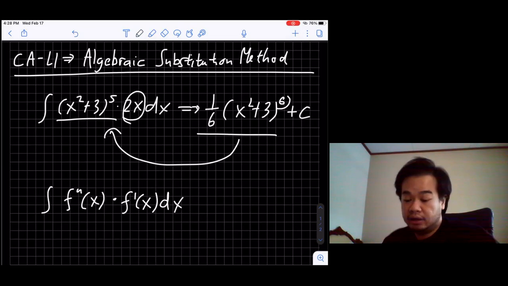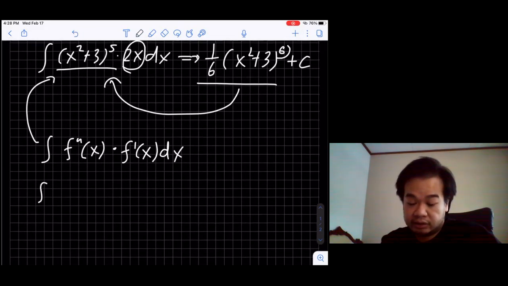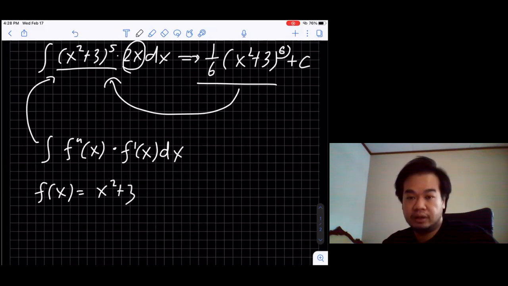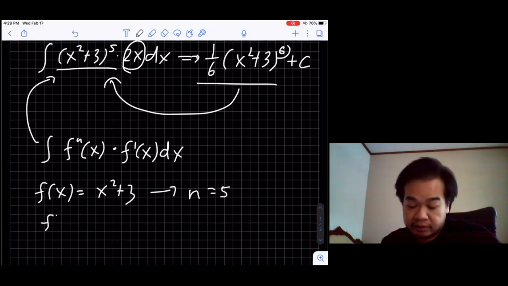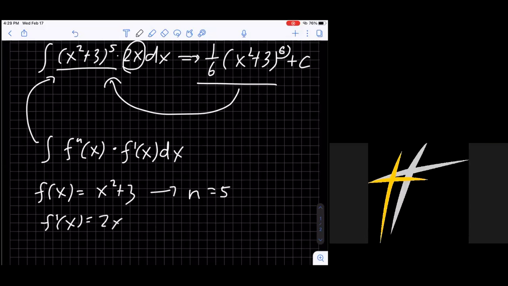Now, in the first example that I gave you, f of x is equal to x squared plus 3. Then n is equal to 5, because it's to the power of 5. And of course, f prime of x is equal to 2x. You can see the derivative of x squared plus 3 is 2x, right?